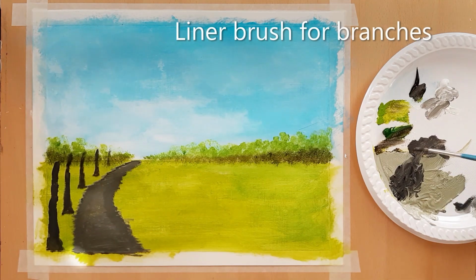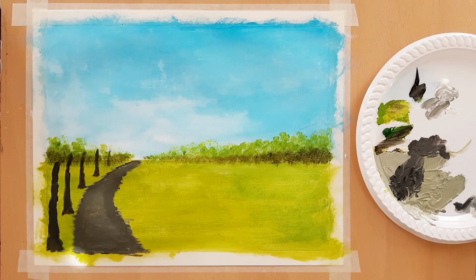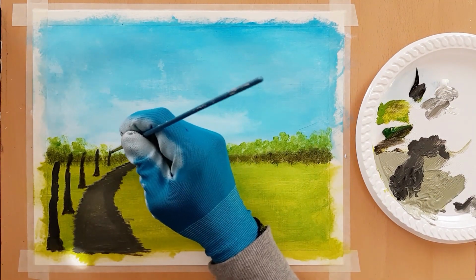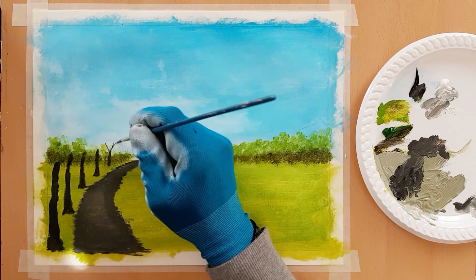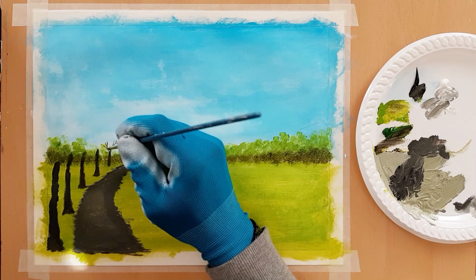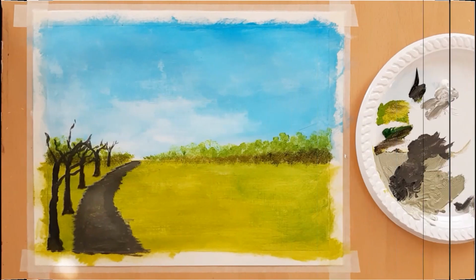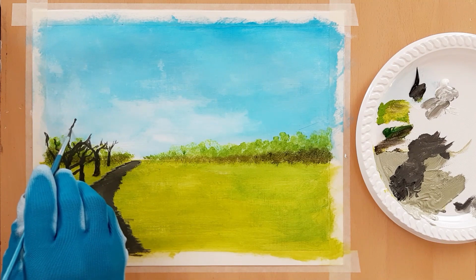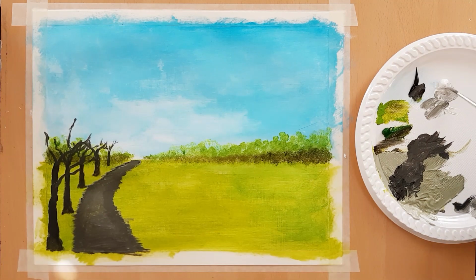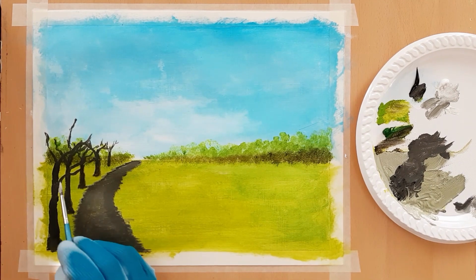And then take the same dark mix on a liner brush and paint the branches. Apply a white highlight along the tree trunks.